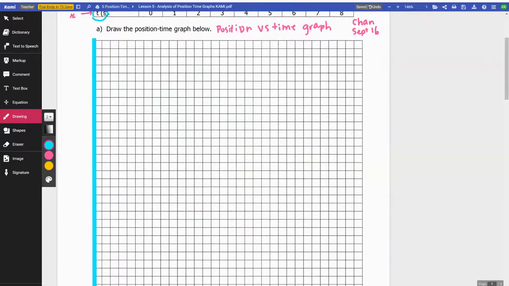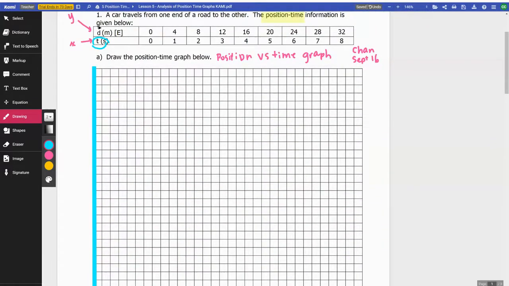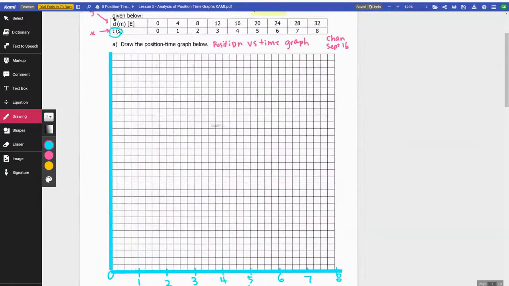Then the next thing now is I'm going to do my y-axis. My y-axis has to go up to 32. I'm going to have to count the boxes. Okay, they're really nice.